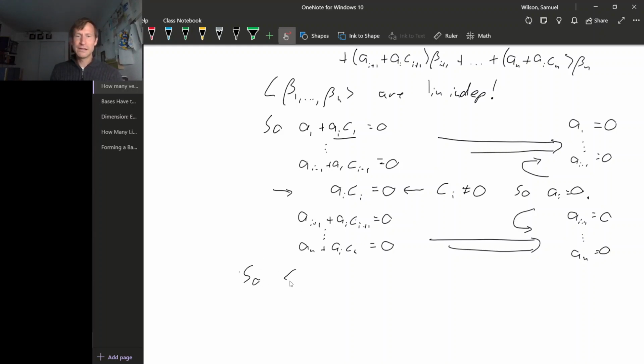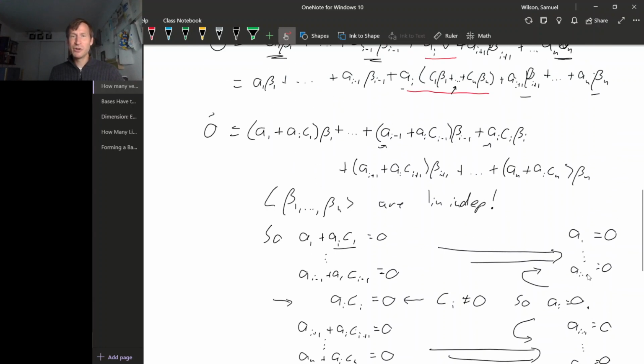So this set, beta sub 1 down to beta sub i minus 1, v, and then beta sub i plus 1, down to beta sub n, our basis but with beta sub i replaced, is linearly independent. Okay, good. That's half the battle.